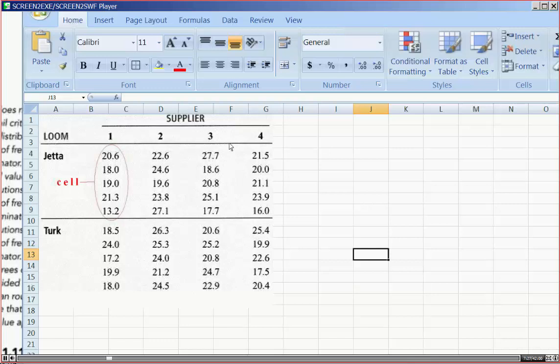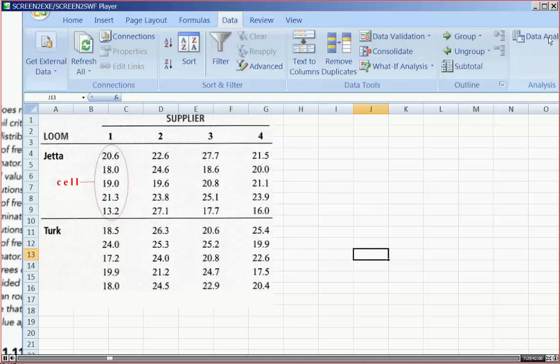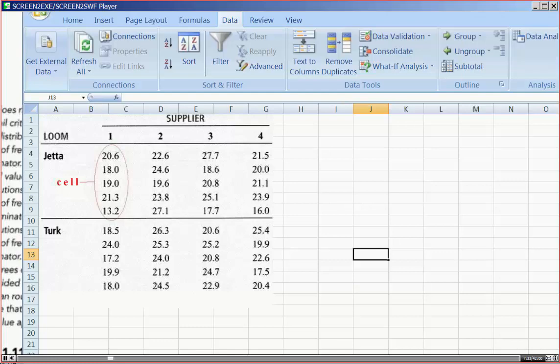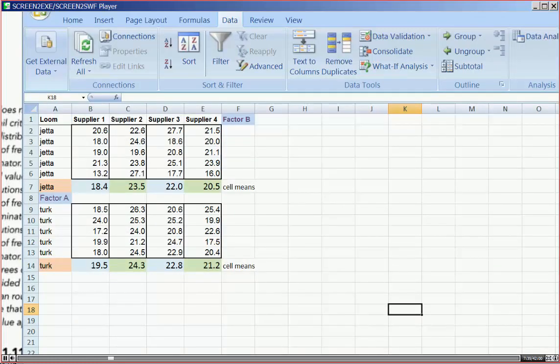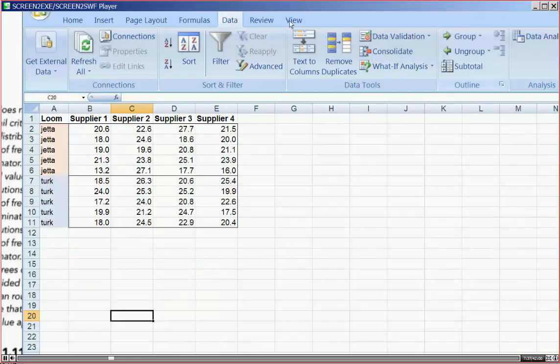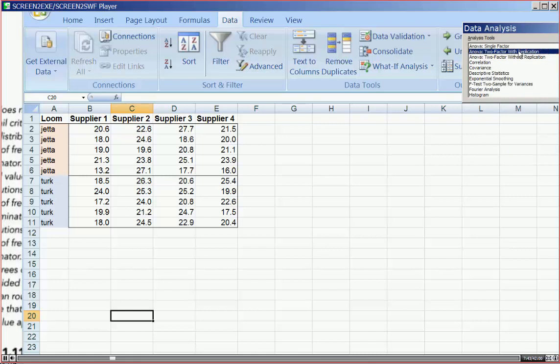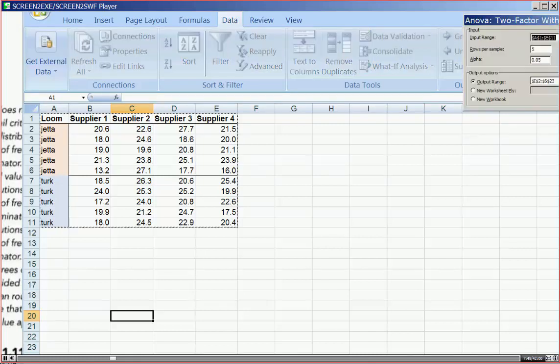So we're going to choose, I'm going to go to data, data analysis, two-factor with replication. I'm going to say OK.